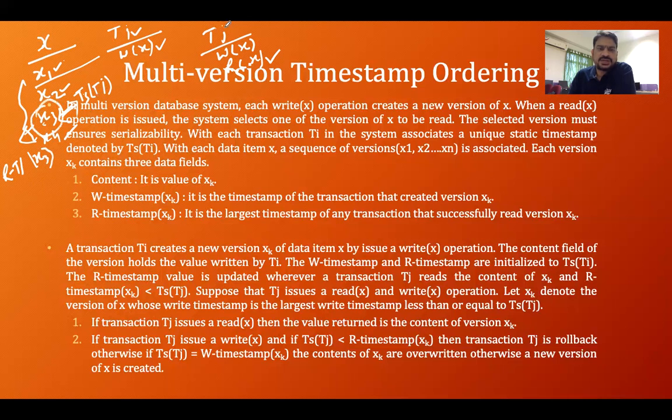Because Tj has read it, Tj's timestamp will be allotted to this, as well as we have to see which is the larger one. Whether the already existing read timestamp is larger, or the transaction that just issued the read request has the largest timestamp. Whatever is the largest is allotted to the read timestamp.